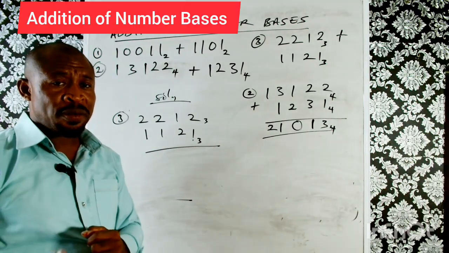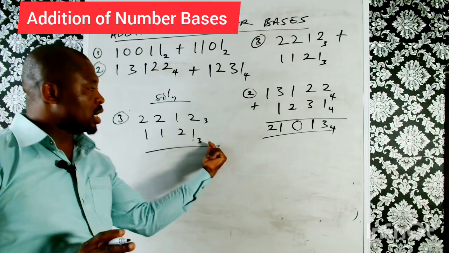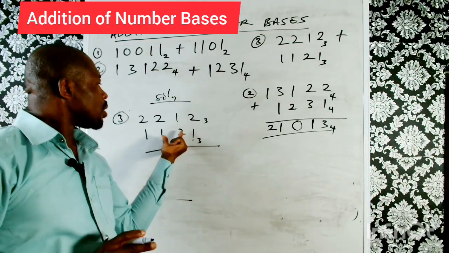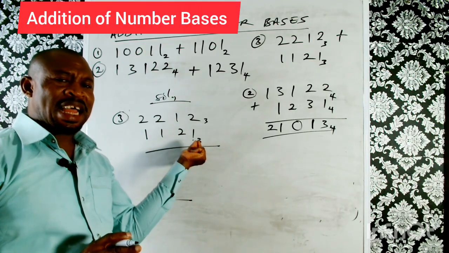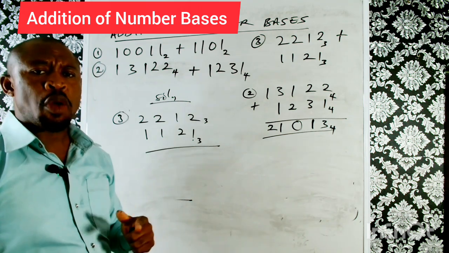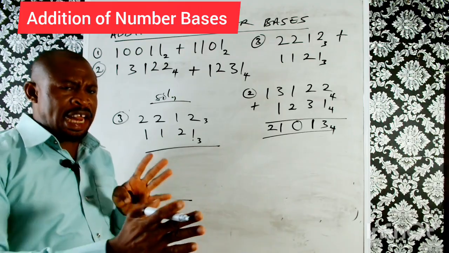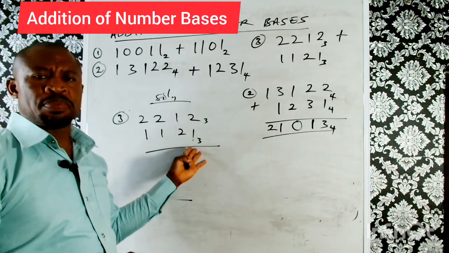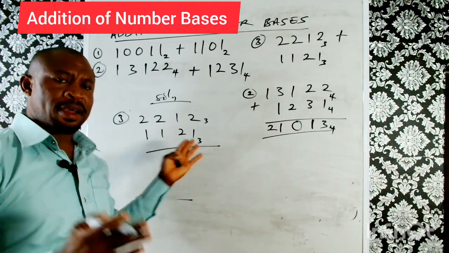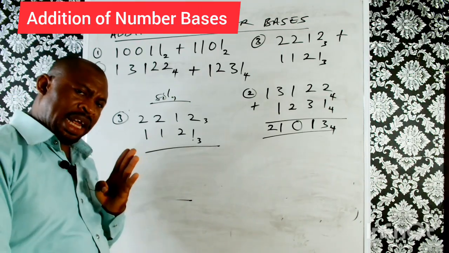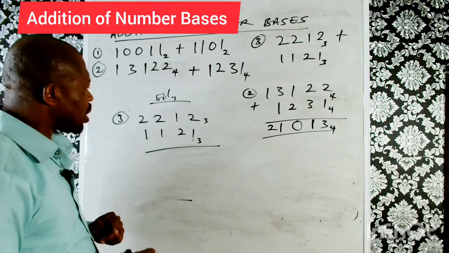Remember the rule. Since we are operating with base 3, the answer we get cannot be up to 3. Any number below 3 is acceptable. Then from 3 and above is not acceptable.